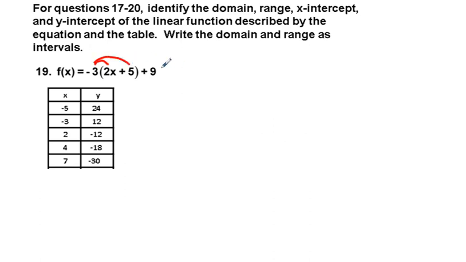We distribute to the right. We have f(x) equals -3 times 2x, and then -3 times 5 is going to be -15 plus 9. And then continuing to the right, we're going to have -6x, and then we have -15 plus 9 will be -6.